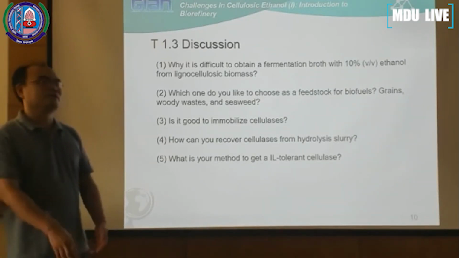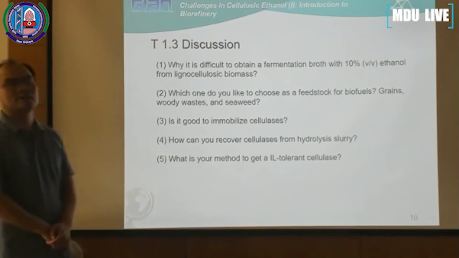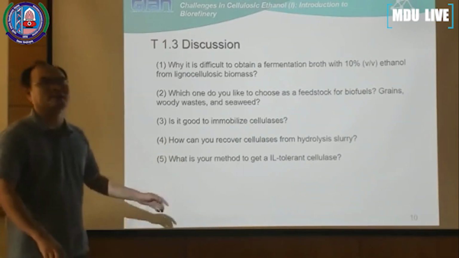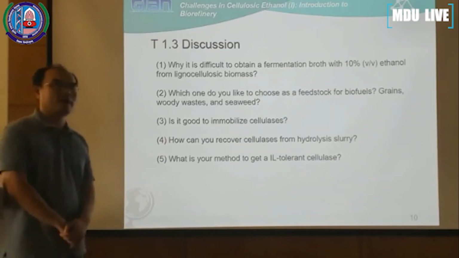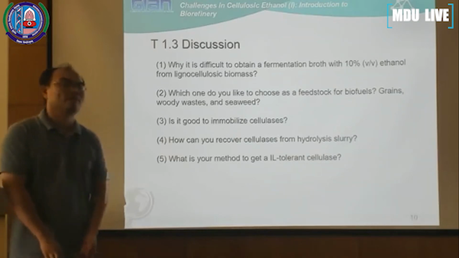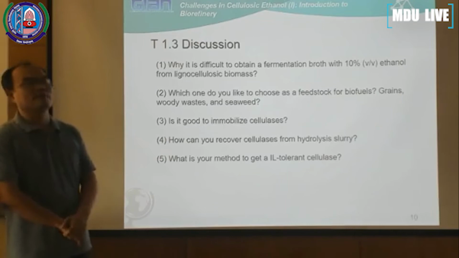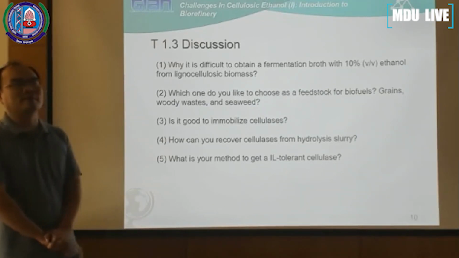So it helps me to get phenolic tolerant cellulase. So I do the cellulase screening like this. I don't know if it works, but finally I got a strain and I characterized it. I tried to do the optimization, but it requires a long time.